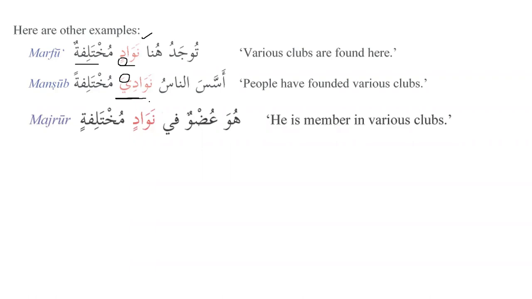And we know that if a noun is on the pattern of mafa'ilu, and when it is mansub, then it will accept fatha. So an-nasu is fa'il, and nawadiya is maf'ul bihi, mawsuf, and mukhtalifatan is sifa. Now we can see that mawsuf and sifa, both of them are mansub, and both of them are shown with fatha and fathatan.